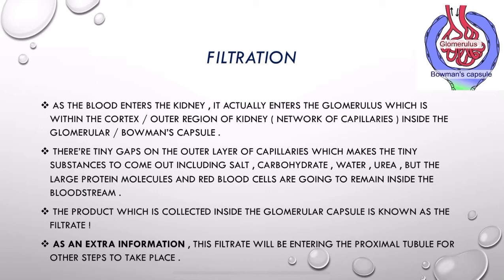There are tiny gaps on the outer layer of the capillaries, which make the tiny substances leak out, including salt, carbohydrates, water, urea, and also small protein molecules. But the large protein molecules and red blood cells are going to remain inside the bloodstream.